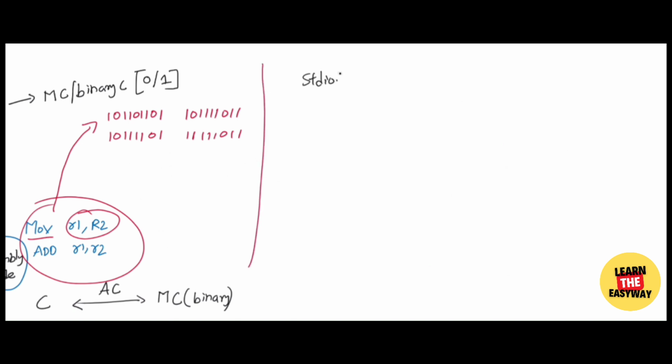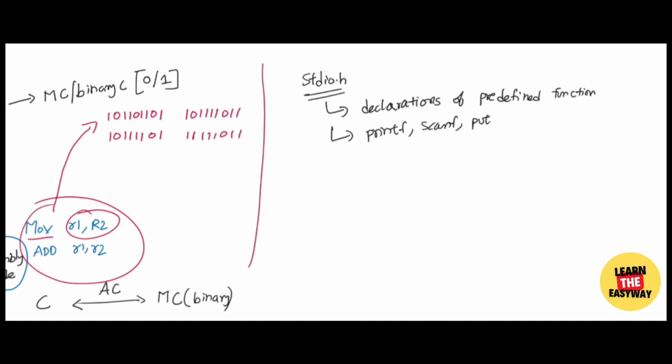The stdio.h file only contains declarations of predefined functions. It means we have many predefined functions like printf, scanf, puts.